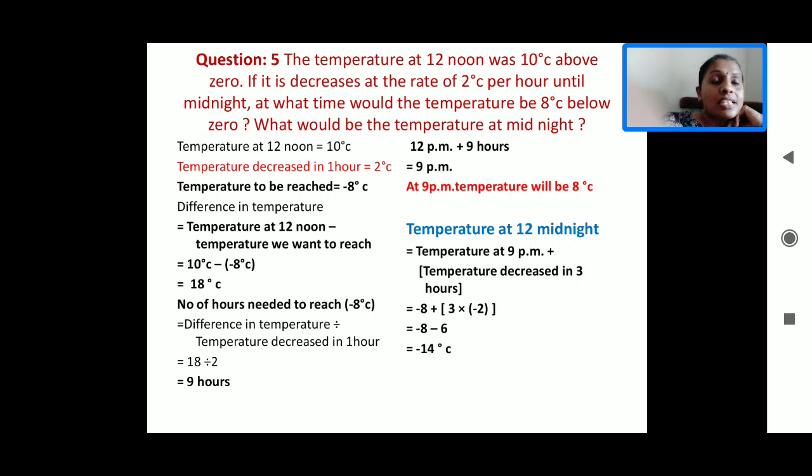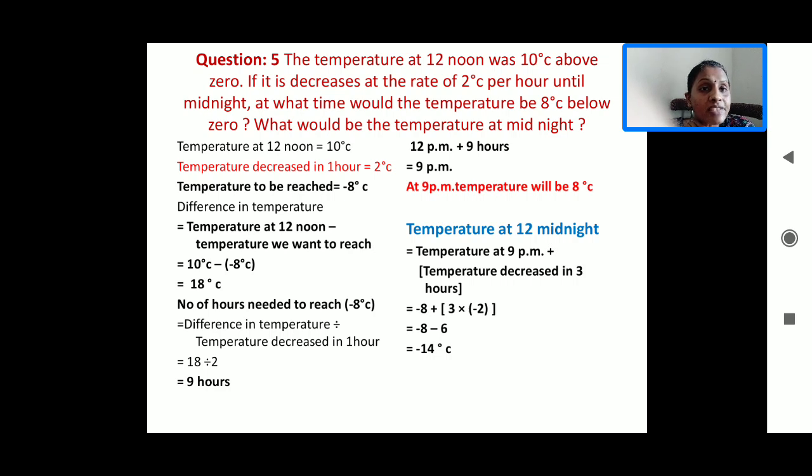So we want an 18 degrees centigrade difference in our temperature to reach minus 8 degrees centigrade.